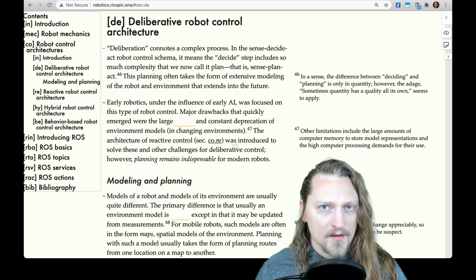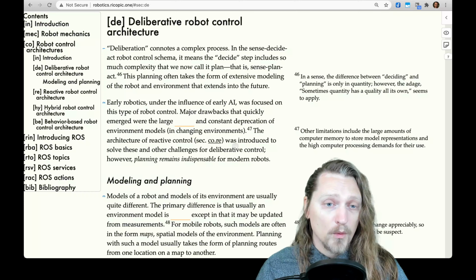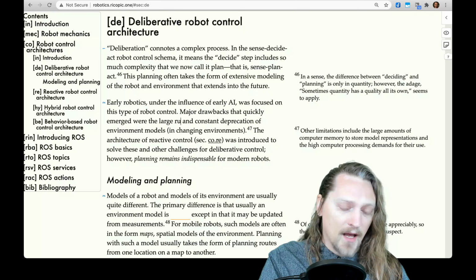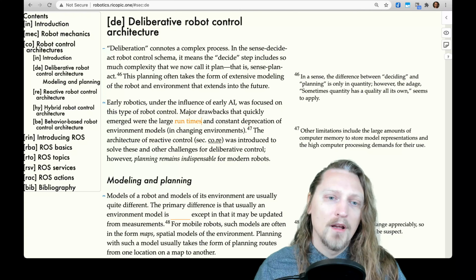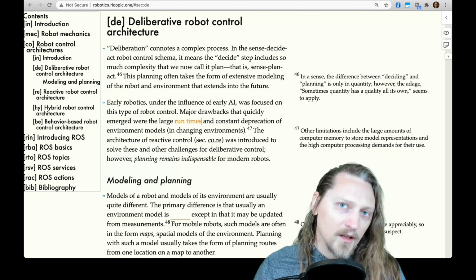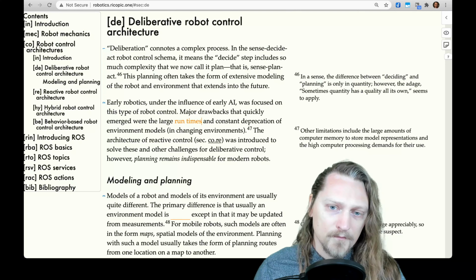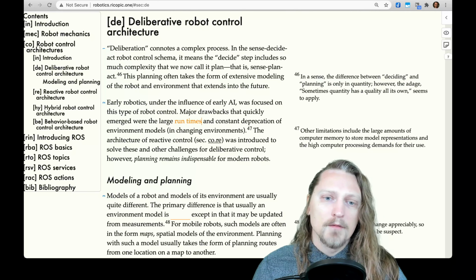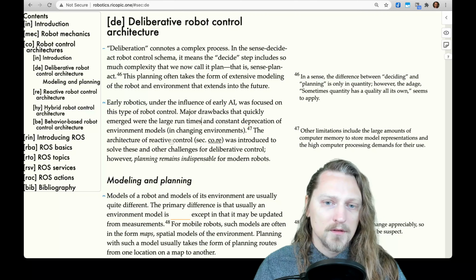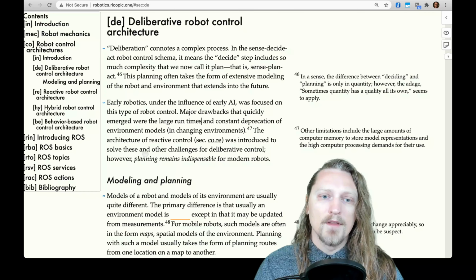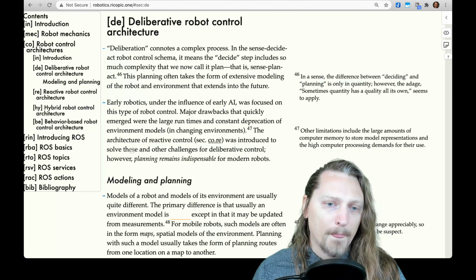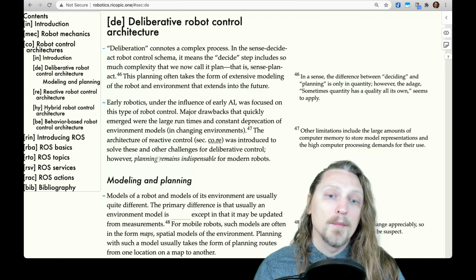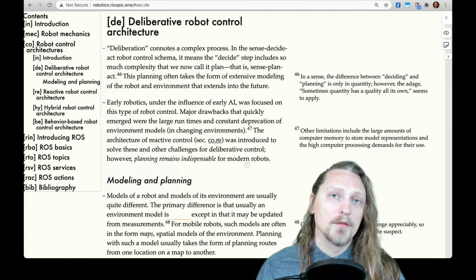Major drawbacks that quickly emerged were the large runtimes and constant deprecation of environment models, in changing environments at least. The architecture of reactive control was introduced to solve these and other challenges for deliberative control. However, planning remains indispensable for modern robots.